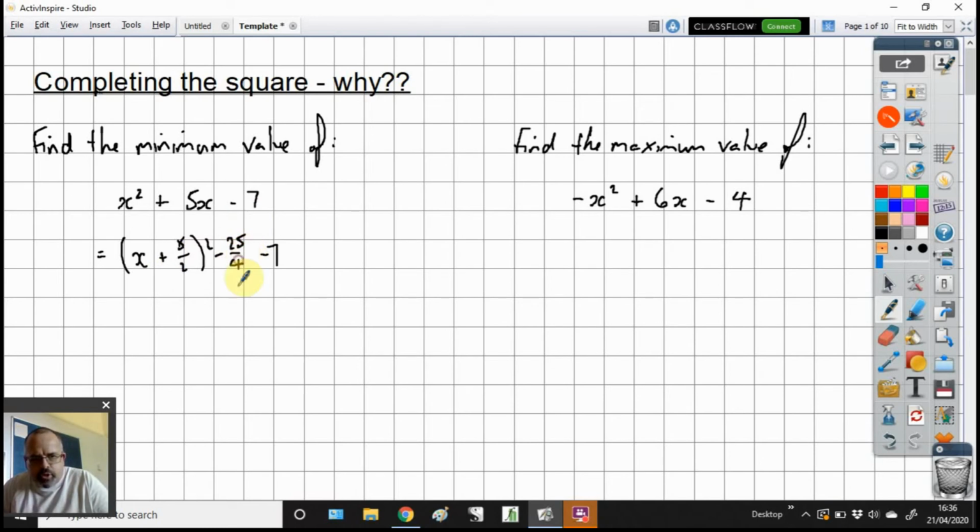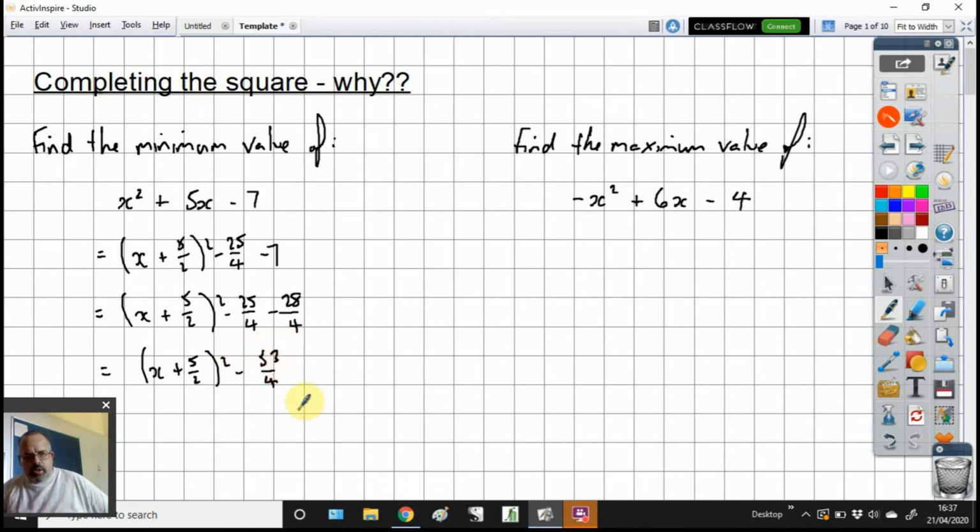So let's subtract the 25/4. (x + 5/2) all squared, take 25/4, take, let's get a common denominator, that's going to be negative 28. And so we've got (x + 5/2) all squared, take 53/4, and the square has been completed.